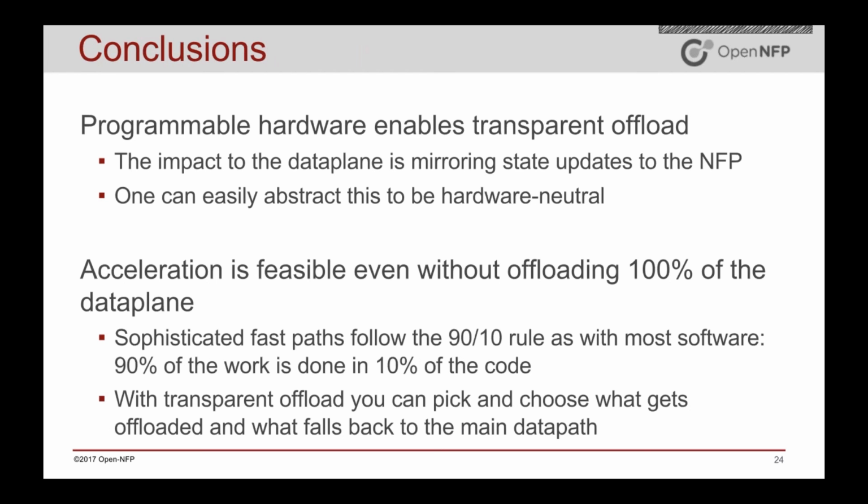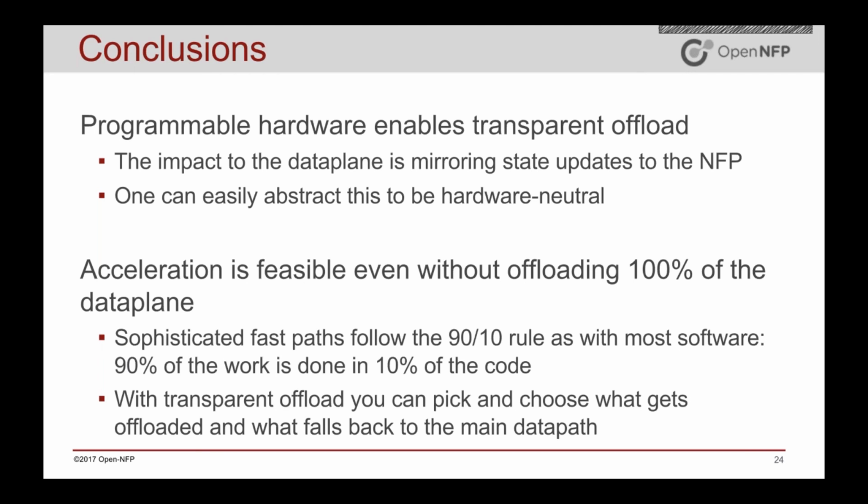So what are some conclusions that we drew from this exercise? We set out to have a performant offload, and we wanted it to be transparent. Well, we've talked about the performance, but just about the transparency, a couple of interesting points. First of all, we're able to do a transparent offload in the first place because of the programmable nature of the NFP.